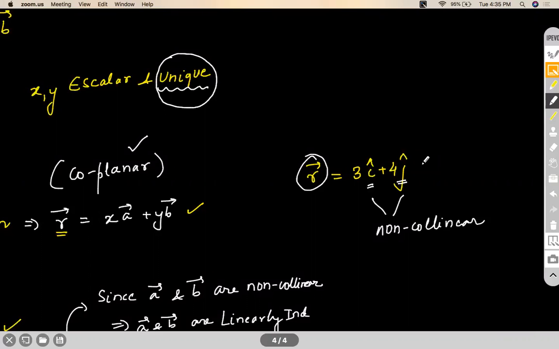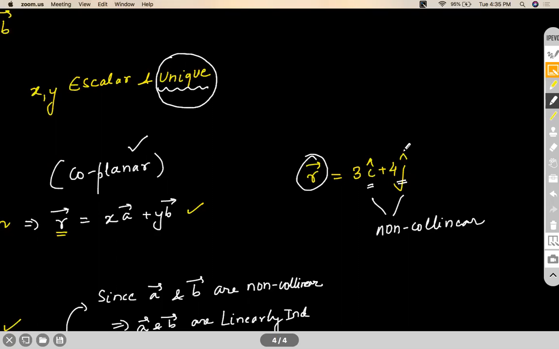See, we do that because we don't have the component of I in terms of J, but it is not mandatory to do that. You can write any 2D vector as a linear combination of such A and B which are non-collinear to each other. They need not be perpendicular to each other. That is what I'm trying to say.